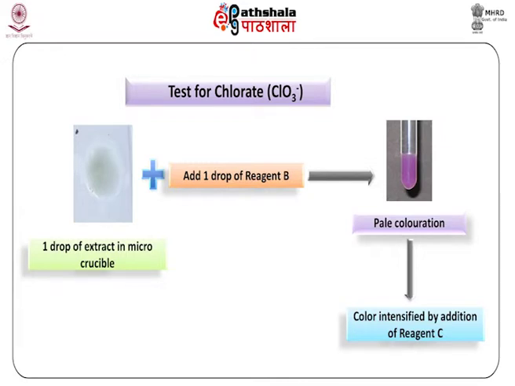Appearance of violet coloration can be seen. Very pale coloration may be intensified by adding a drop of reagent C. A deep violet color is formed due to the oxidation of diphenyl carbazide.